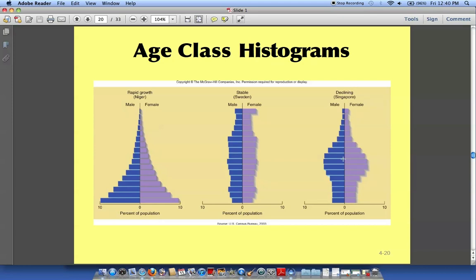Okay, declining population growth, because the people who can have offspring are not. Okay? This one is just basically stable because we see it's kind of even all the way up and down. Well, here we see that all the babies they're having and all the reproductive age, this level moves up. Okay, so that's what's going on with these kinds of histograms, these population graphs.